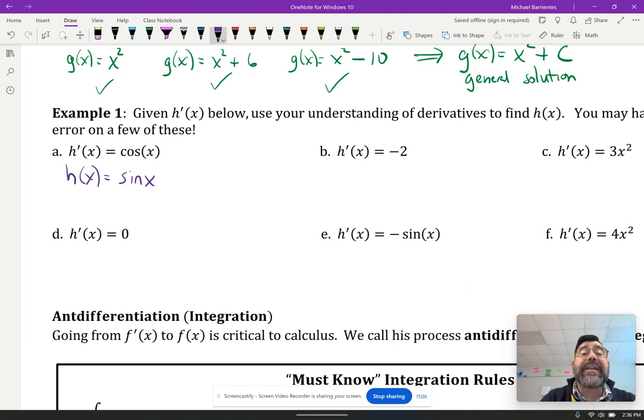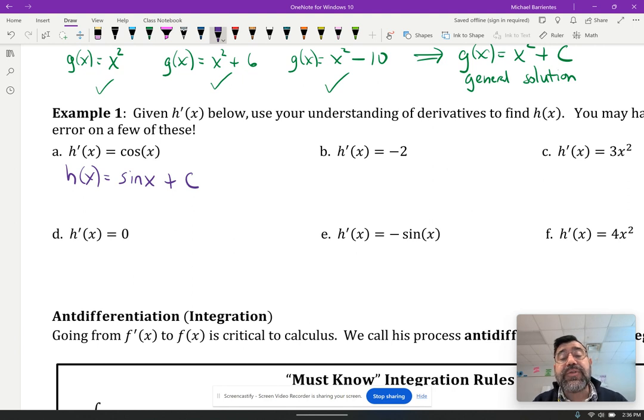But it could also be sine of x plus pi. It could be sine of x minus 3. It could be sine of x plus 5,237. So we're just going to say h of x could be sine of x plus a constant. So for all of these antiderivatives that we find, we're always going to need to add that plus c to signify that it is not just one possible solution, but an infinite number of possible solutions that could be the original function.